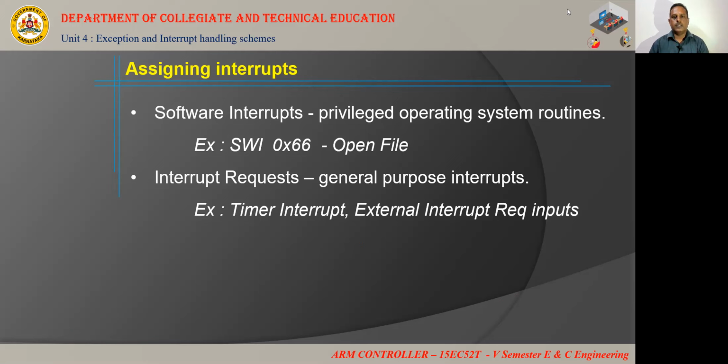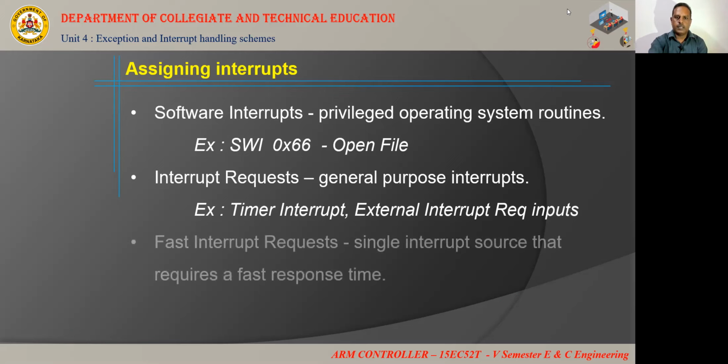So all these interrupt requests generated from the peripherals are connected to the vector interrupt controller, and the vector interrupt controller will in turn maintain the exception handler addresses and priority, masking, enabling everything on its own, and it will intimate the interrupt request to the ARM core through either IRQ or FIQ as per the settings in the VIC, I mean vector interrupt controller hardware registers. So this is about general purpose interrupt requests.